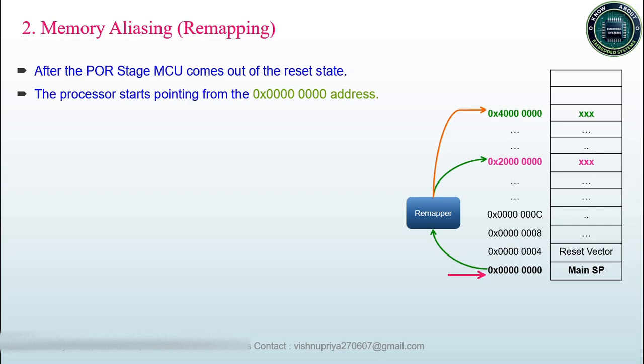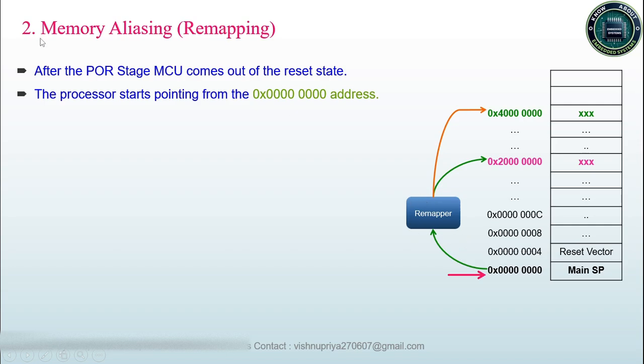For that purpose, they have given a provision to change the booting address. So instead of 0, you can start from either 20004000 or 200500, like that. You can change the booting sequence to any other part of the memory with the help of an address remapper or memory remapper.